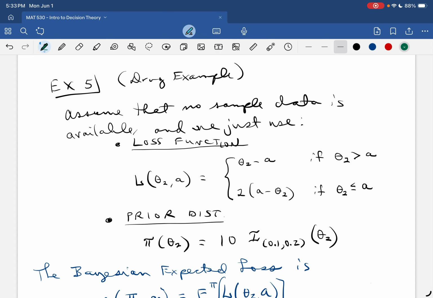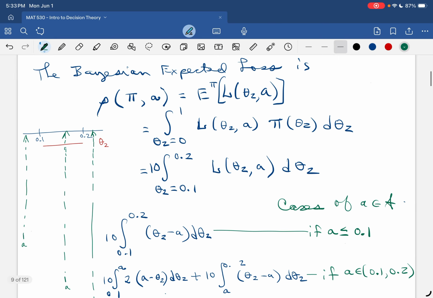We'll go back to the drug example. Recall that we had identified a loss function, and we will just calculate the Bayesian expected loss using the prior distribution that we also discussed earlier. Again, the Bayesian expected loss will end up being a function of little a, and using the prior distribution on theta 2, we're going to take the expected value.